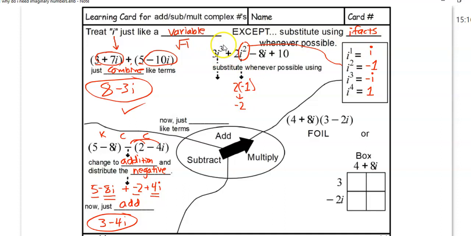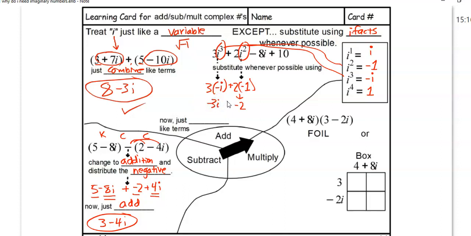Look at this 3i cubed, 3i to the third power. Well, i to the third power, according to my i facts chart, is -i. So I've got 3 times -i. That was a little less exciting because I still have an imaginary number, but I'm just going to have to deal with it. So 3 times -i, that is -3i.